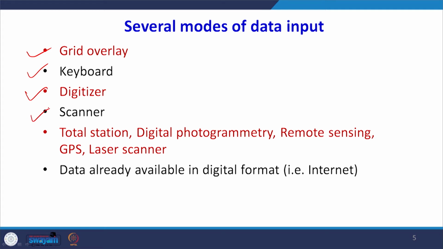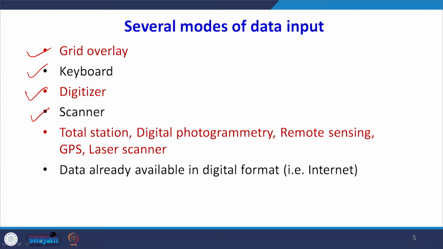Next is the scanner. In fact, the scanner and digitizer are sometimes used together. First of all we scan the paper maps, and when we scan the paper map it becomes raster data, and from that raster data we display it on the computer screen and carry out the digitizing activity.